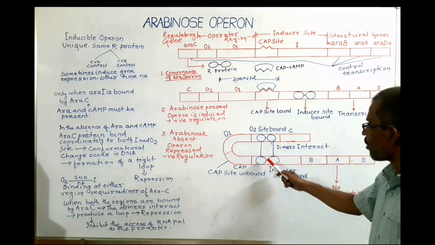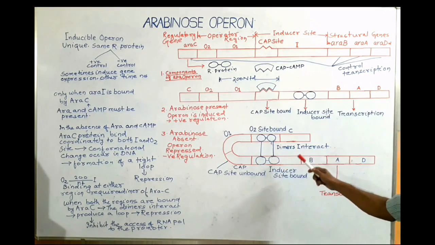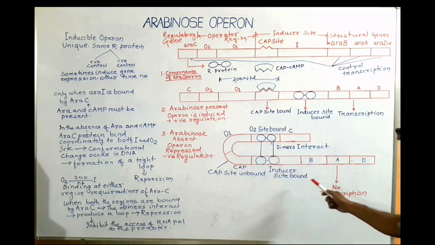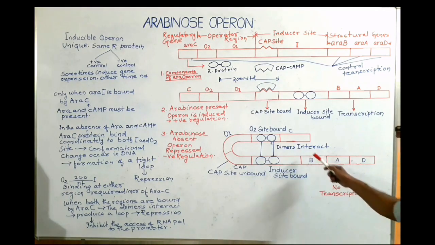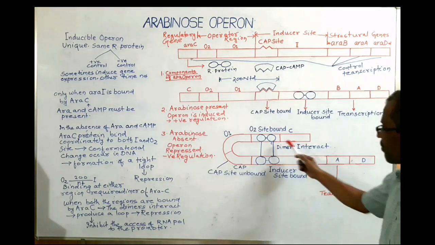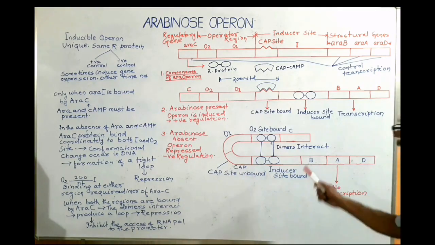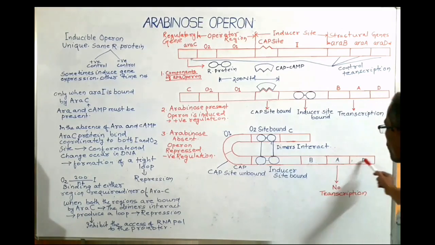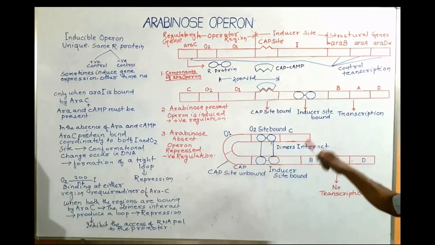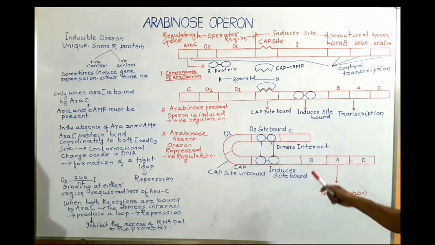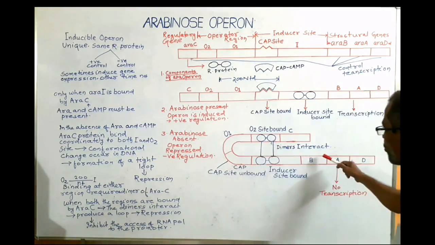This binding of araC regulatory protein causes a conformational change in the DNA. Due to the conformational change in the DNA, a tight loop is formed. When such a tight loop is formed, the operon is repressed. This is the tight loop.